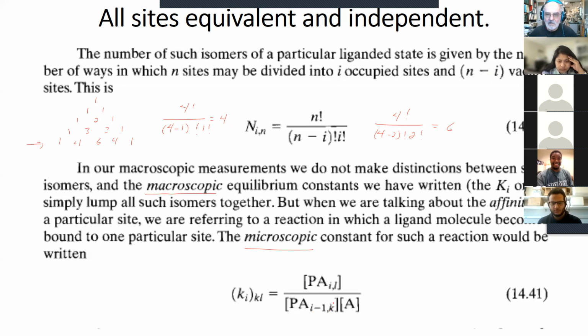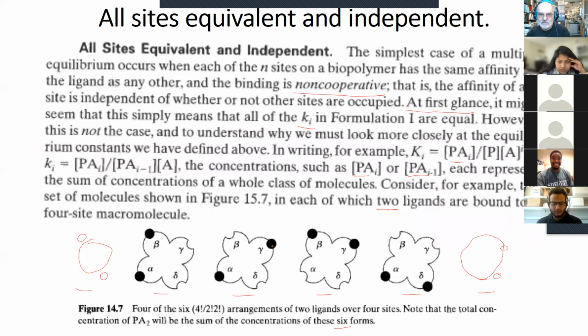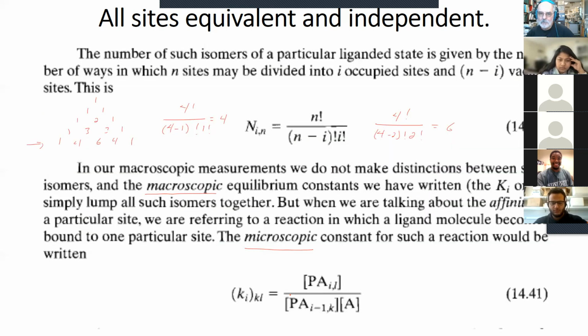What are the Ks and the is here? It's the microscopic equilibrium constant, or formulation 1 K, where we're going from i minus 1 to i, but it's a particular arrangement. It's a particular conformation going from something to one of these forms, and every single pathway is represented and has to be accounted for.